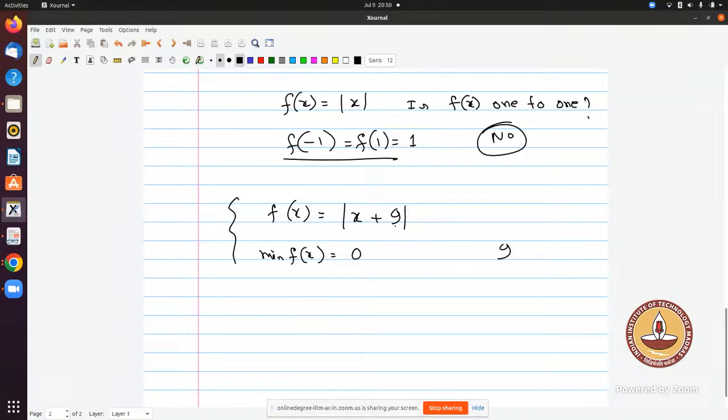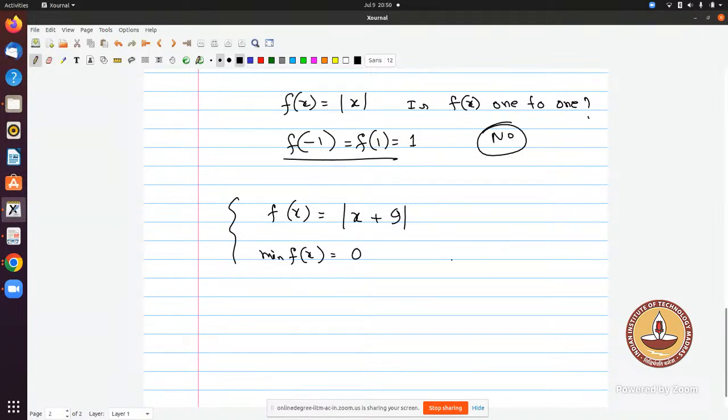Exactly, whatever is inside the mod, the minimum value will always be 0, because there is some x for which it will give 0, and that gives the minimum value. It can never go negative, so the minimum value is always 0 for this function.